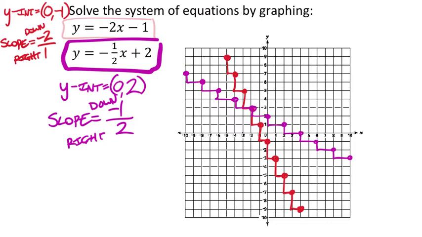All right, so we can see both lines. Let's go and put them on the graph now that we know where that intersection is. There's the red. There's the purple.